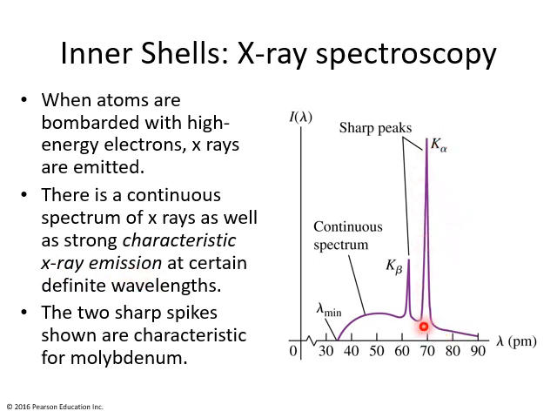These characteristic lines are actually used to determine what kinds of atoms there are in a system. So this is one of the most important tools that chemists and earth scientists have for observing what is actually in the system that they're looking at. These are the characteristic lines for molybdenum. The previous page was platinum.